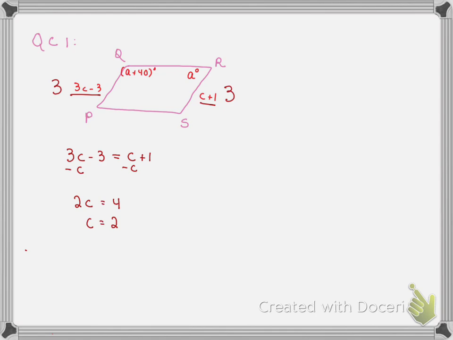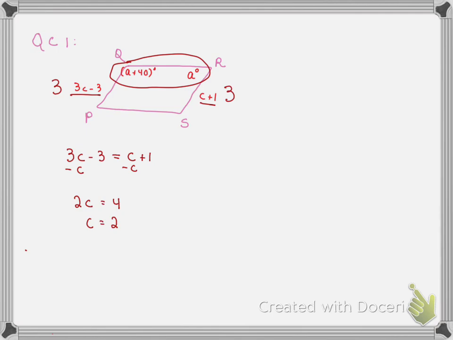And remember, we also have the angles that were next to each other. Angles that are next to each other are consecutive. These two angles here are consecutive. They are not opposite.